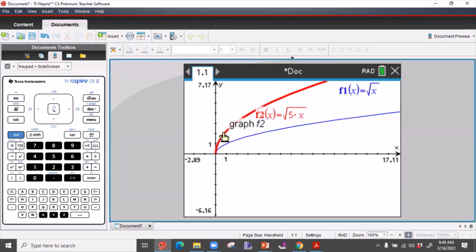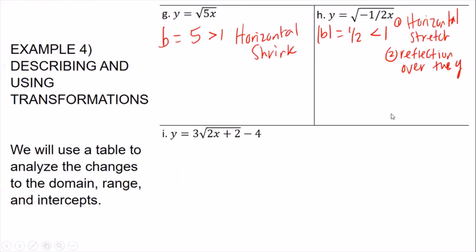No, the zeros are still there, right? Did our domain and range change? No. So therefore, it's still going to be x is greater than or equal to 0, and y is greater than or equal to 0, and we're still chilling at 0, 0.